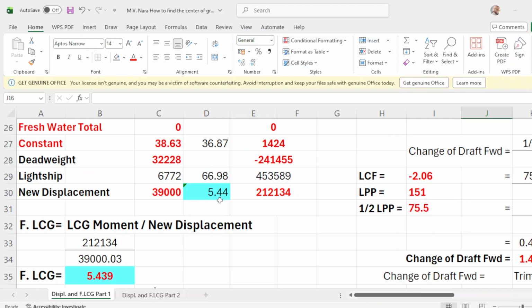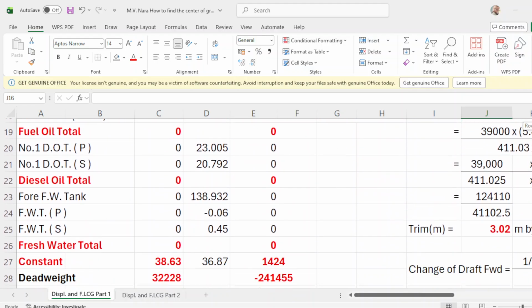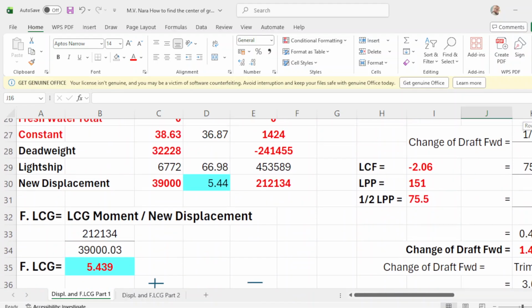That is your new final LCG. Your initial LCG is negative 2.27.